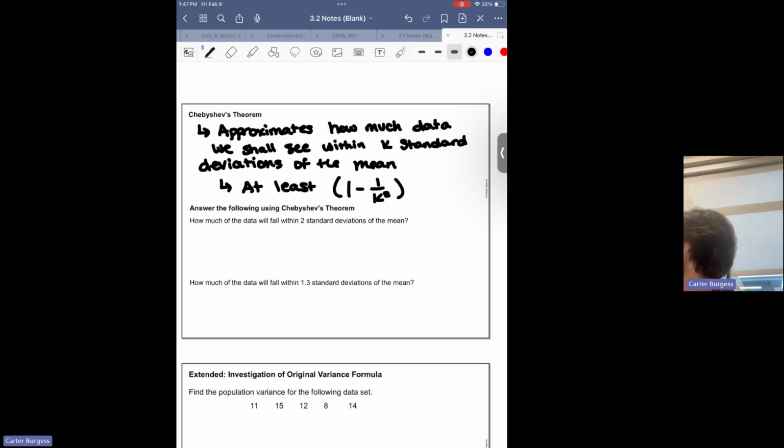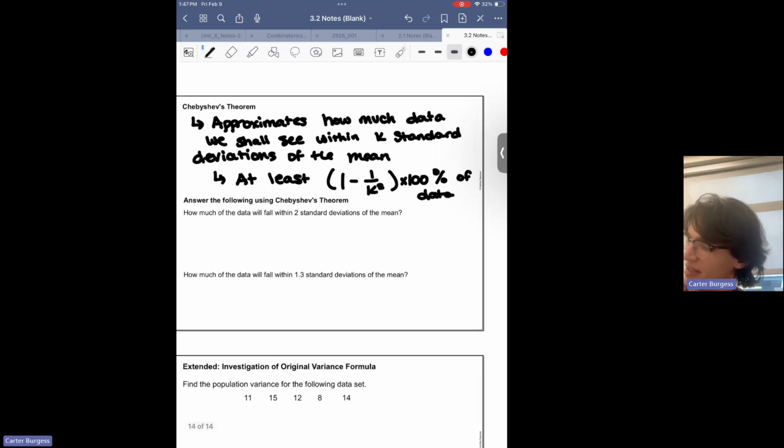And then we need this to be a percent. So what should I do to turn a decimal into a percent? Multiply by 100. So at least this percent of data, again, with this idea of being k standard deviations away.